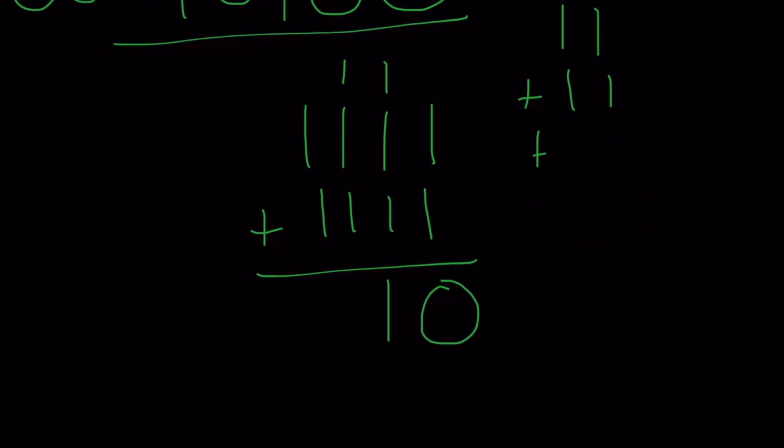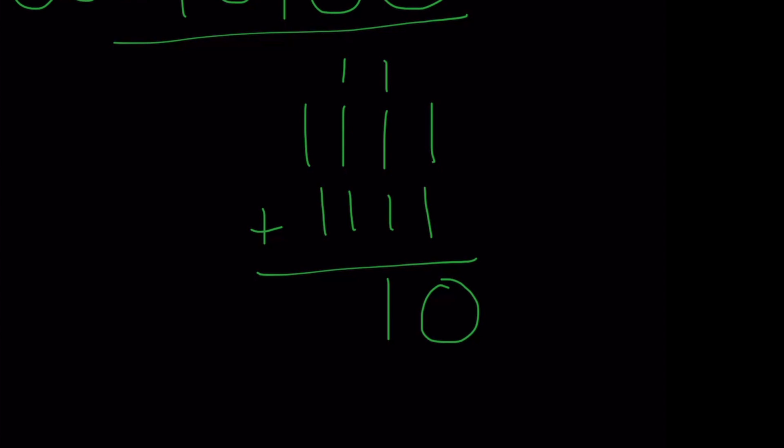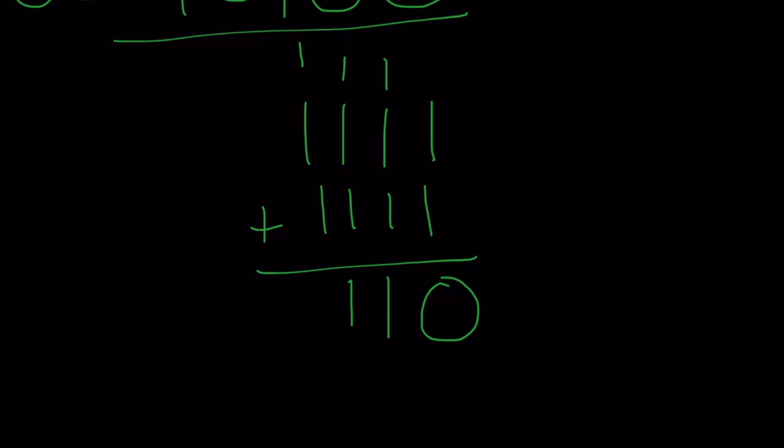Okay, so back to our original sum. We have 1 carried over. So 1 plus 1 is again 10 with the 1 being carried over, but there's another 1, so it'll be 1 at the bottom and 1 being carried over to the other place.